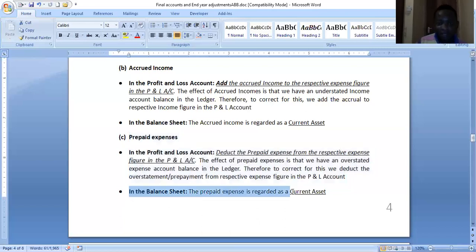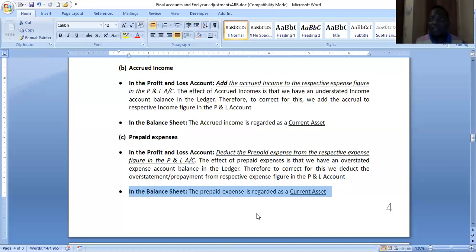And then in the balance sheet, we shall do an example to illustrate all this to make the understanding easier. So in the balance sheet, the prepaid expense is regarded as a current asset. You've paid rent for the month of July and August. We've not yet gotten there. So it means the landlord owes us the service of that rent.